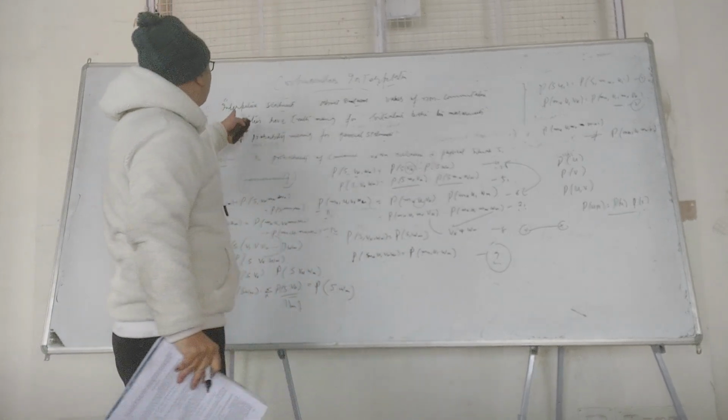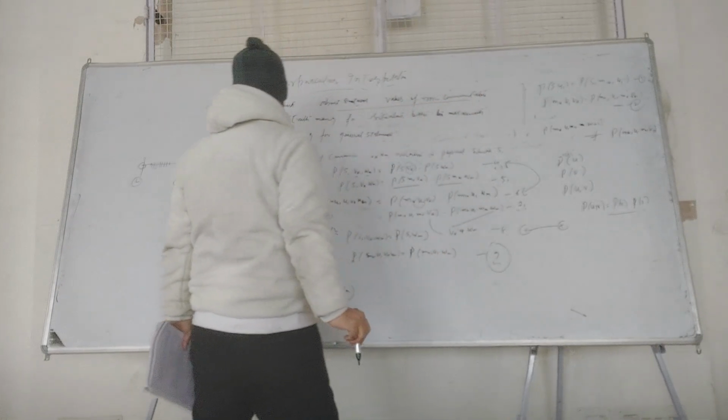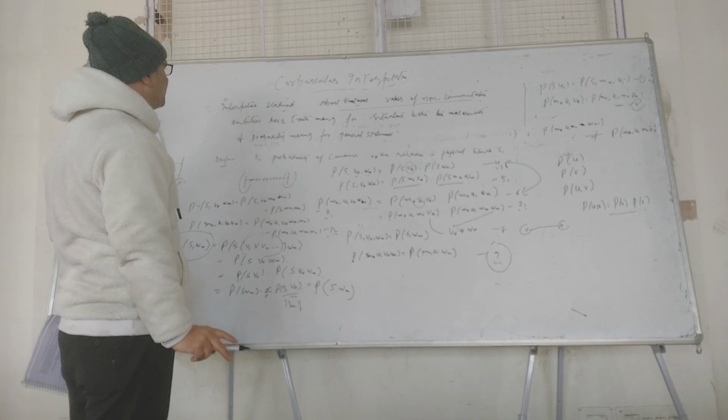So this means interpretive statements about simultaneous values of non-commutative entities have truth meaning for situations between measurements.